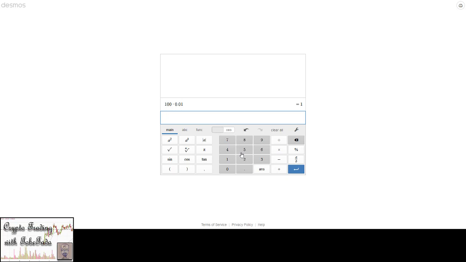And the idea of compound interest is that you take this $1 and invest it into this 100, so you'd have $101, and again you multiply this by 1%, the percentage stays the same, and your answer is 1.01.